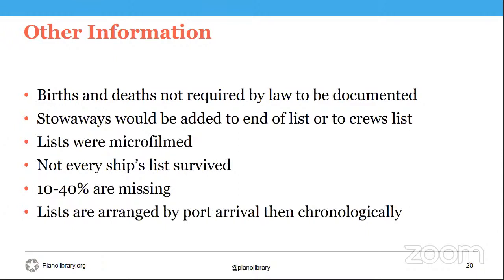So all of the records are microfilmed or should be microfilmed. And as I say, in the research that I found, it was anywhere from 10 to 40% are missing. Well, I prefer 10%, but 40% missing.